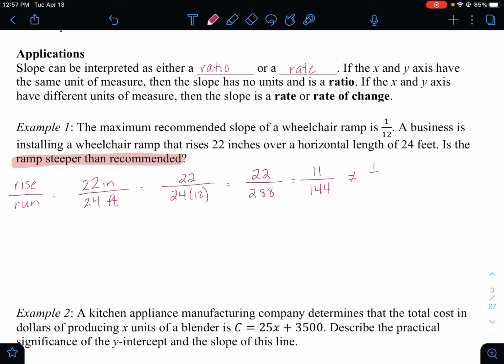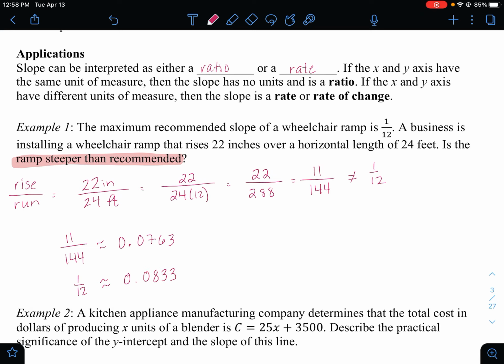And if we compare them, it is not equal to 1/12, because 11 over 144 is approximately 0.0763, and 1/12 is approximately 0.0833.